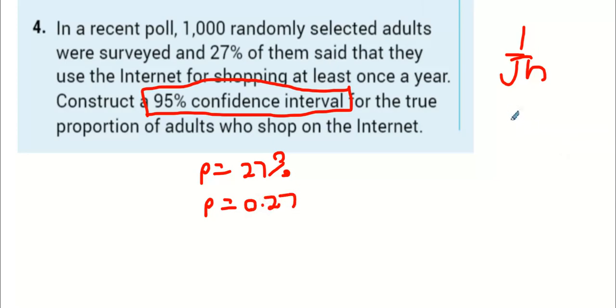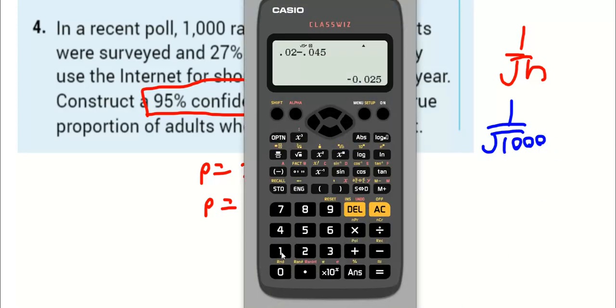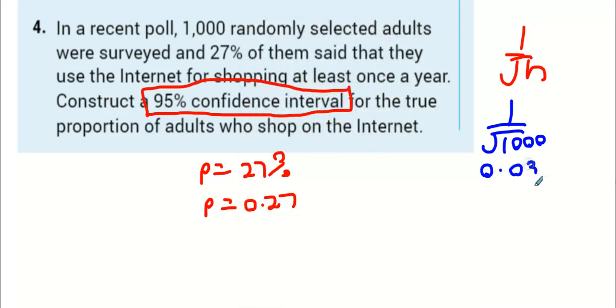All right, margin of error is 1 over the square root of 1,000. 1 divided by the square root of 1,000 is 0.0316, or I'll round off to 0.032, otherwise known as 3.2%. Is that okay?